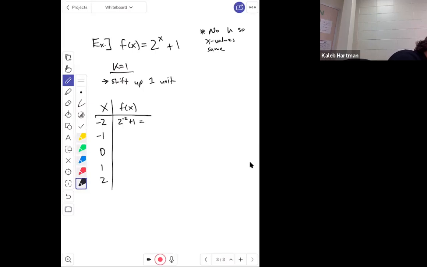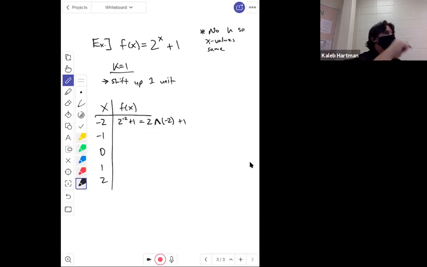On your calculators, guys, because we're going to need to use scientific calculators, you might not need them on this one. You could maybe do some mental math, but you're going to do 2, then hit that caret button. Kind of looks like a caret, like that. You're going to put parentheses, -2, close your parentheses, and then do the plus 1.